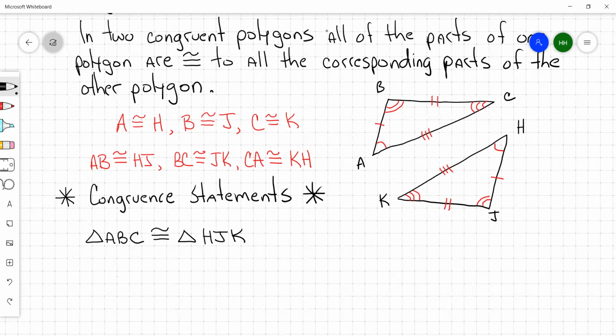Do you see how up top A is congruent to H? Do you see their positions in the statements? They're both first, aren't they? That has to happen. If B is congruent to J and B is in the middle, then J has to be in the middle. And if C is listed third and it's congruent to K, then K has to be listed third.